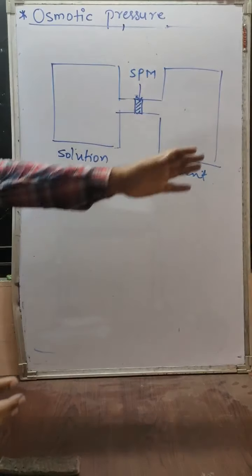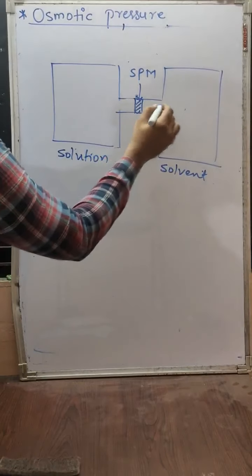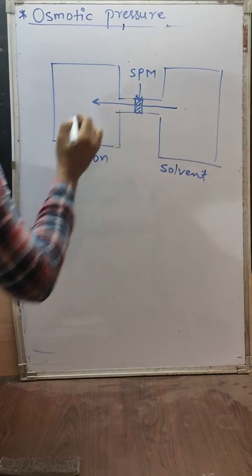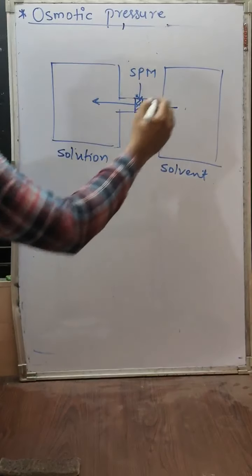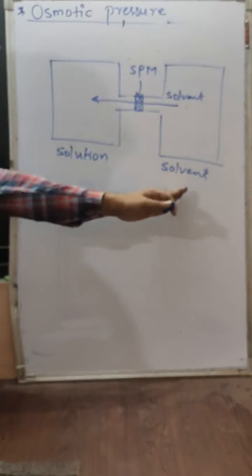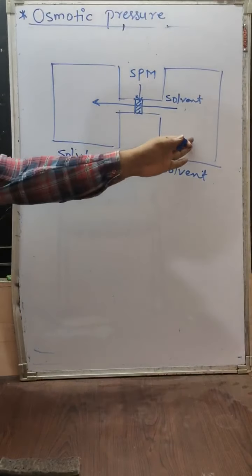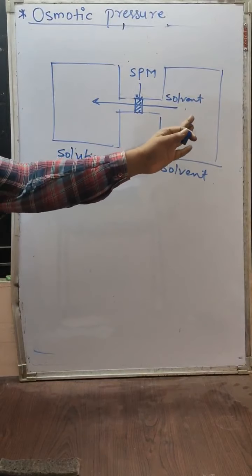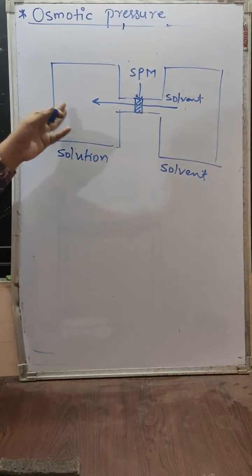So osmosis will take place here. What will flow? The flow of solvent molecules into the solution. The solvent molecules will flow from the solvent to the solution side, because the concentration of solvent is more here and the concentration of solvent is less here.